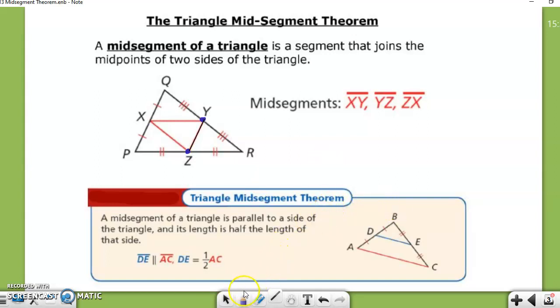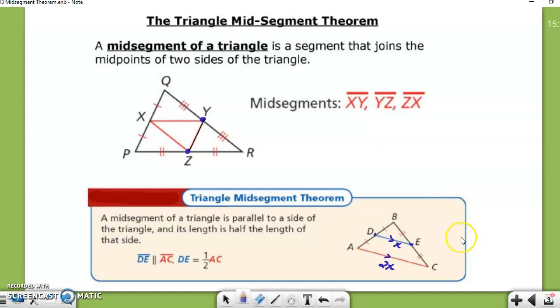Now, a little property that we have with mid-segments here. It says that the mid-segments make it so that DE is parallel to AC. So your mid-segment is not only the midpoint of one side to the midpoint of the other, it is parallel to the third side that it's not connecting. The other thing they're telling you is it's 1/2 of AC. In other words, if this was x in length, then this would be 2 times x in length.